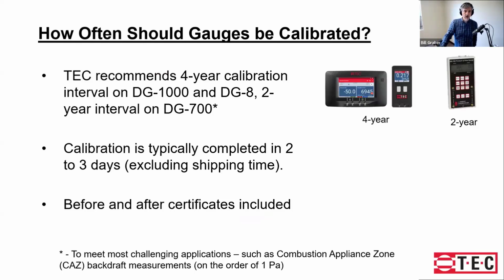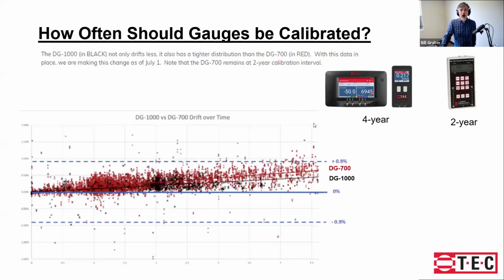The DG700, which a lot of people still have, and we still calibrate often, has a 2-year interval. So that's one of the differences, that you've got to keep these gauges maintained through either recalibrating and/or a field check, depending on what your policies are. Why are these different? Because we collect data, and the DG1000 product has now been out for about 6 years.